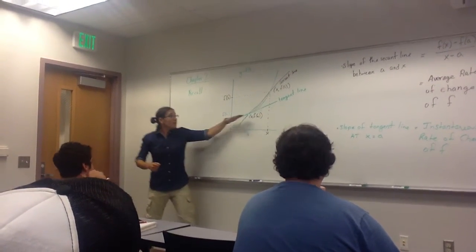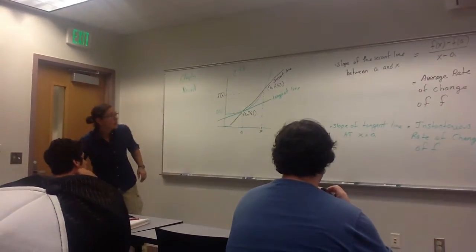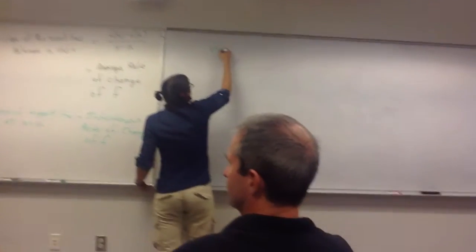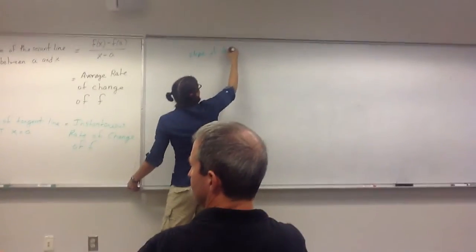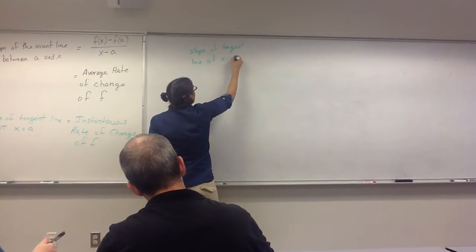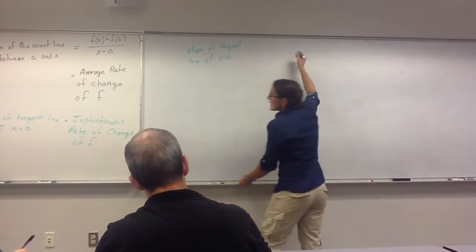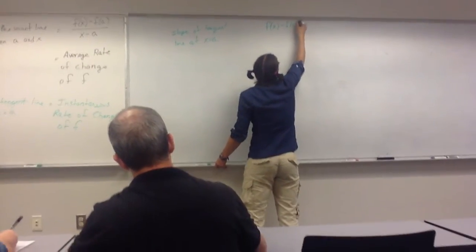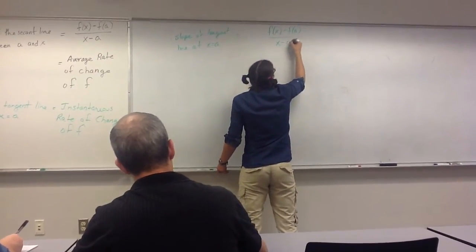So in other words, I'm taking a limit as x approaches a. So for the slope of our tangent line, the way that we would write it, well, I would start out with the slope of my secant line, which is f of x minus f of a, over x minus a.